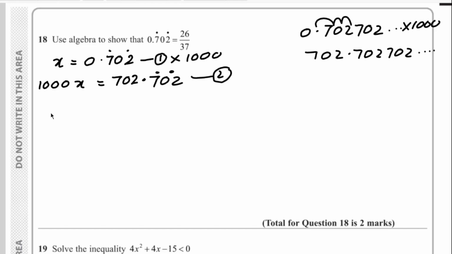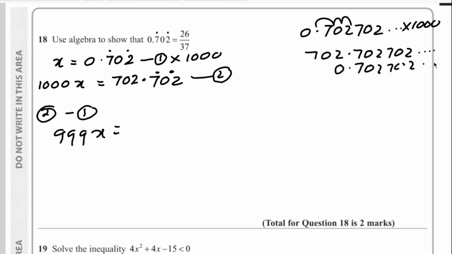Now we can subtract equation 2 minus equation 1. Once I subtract these two, it will be 999x. On one side I am having 702.702702 recurring, and here I am having 0.702702, the whole set recurring. So when I subtract, can you see that the repeating stuff gets cancelled out?